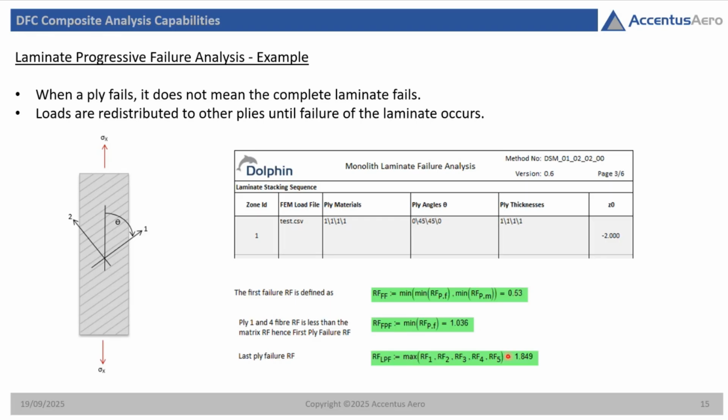So why is this possible? If you look at the load direction, remember fibers only carry load more or less in the direction of the fiber. So if you've got a 45-degree fiber, they're not really very efficient in carrying the load. So the matrix and things will fail, and eventually you only end up with a zero ply. In this case, the zero ply, which is in the direction of the load, one ply is enough to carry all the load.